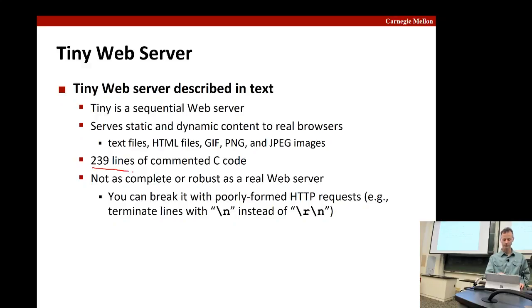It's very tiny, only 239 lines, so of course it's not as complete or robust as a real server. There's all sorts of ways you can break it. It's really just a toy, but it will illustrate the main code paths through a web server, and it will serve both static and dynamic content to real browsers.